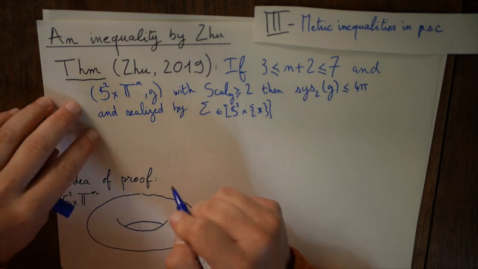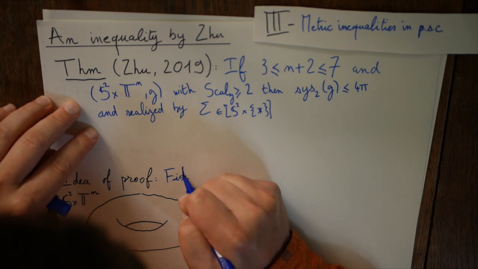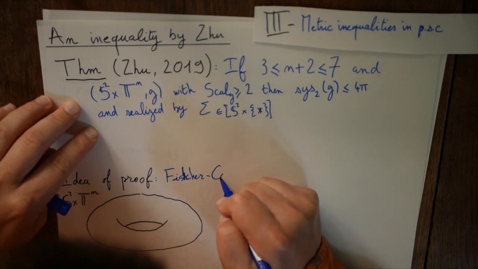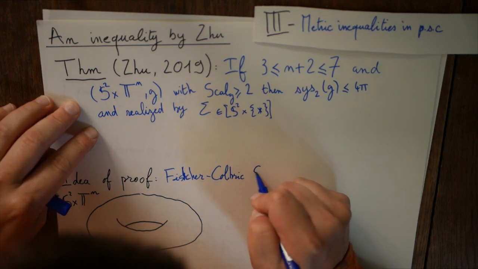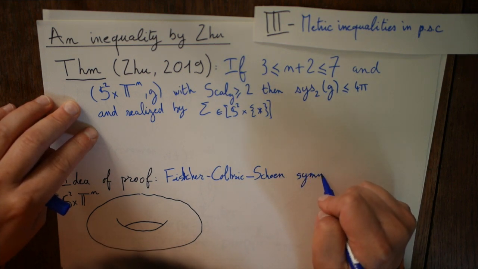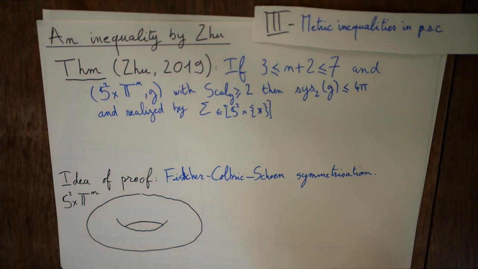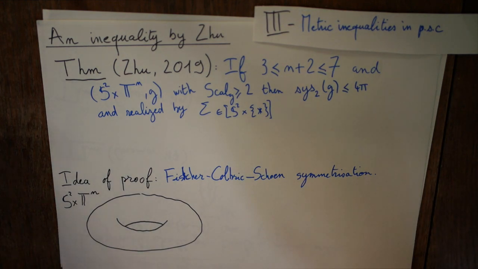So the trick here is to use what Gromov called Fischer-Colbrie-Schoen symmetrization, which is a trick that was used already in Gromov-Lawson, where it is attributed to Fischer-Colbrie and Schoen, and also in Schoen-Yau, in the beginning or middle of the 80s.